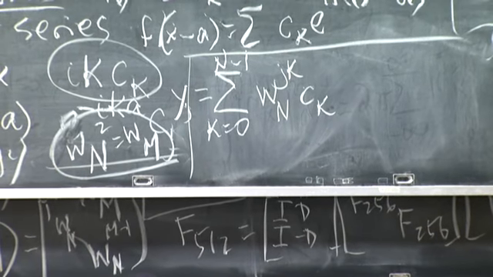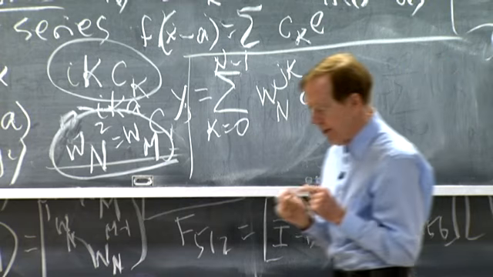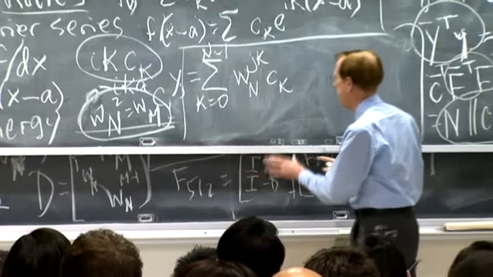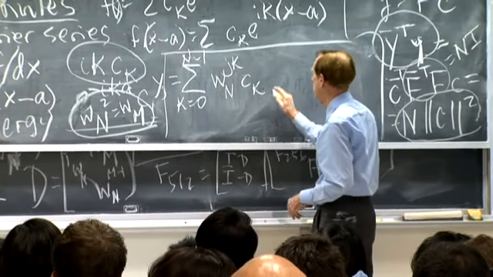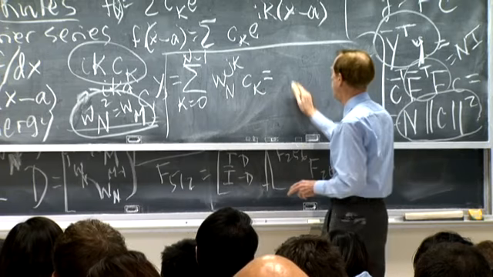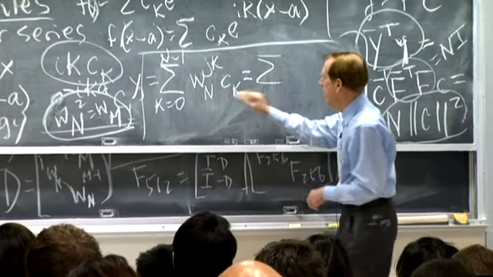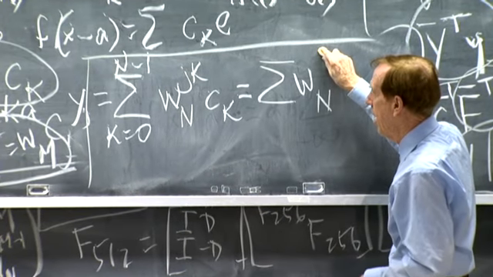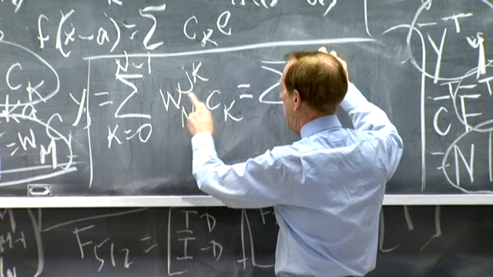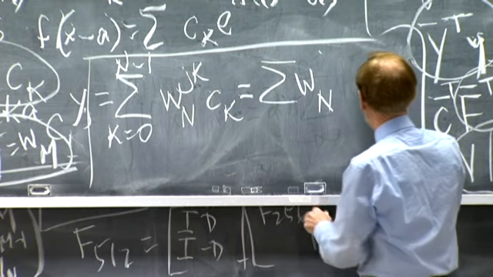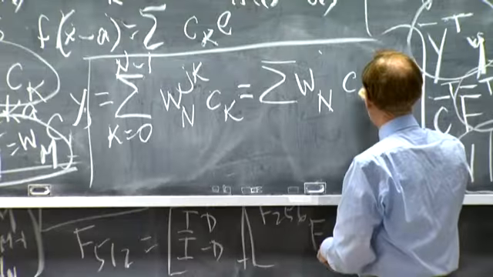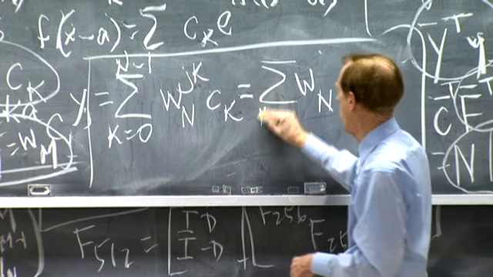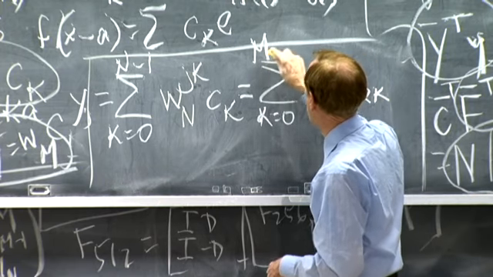So now comes what? What's the key idea? Key idea is split into even and odd, and then use this. So split into the even ones and the odd ones. I write this as 2 separate sums, a sum for the even ones, Wn to the, now the even ck, so I'm going to multiply by c2k. These are the ones with even, and the sum is only going to go from 0 to m minus 1, right?